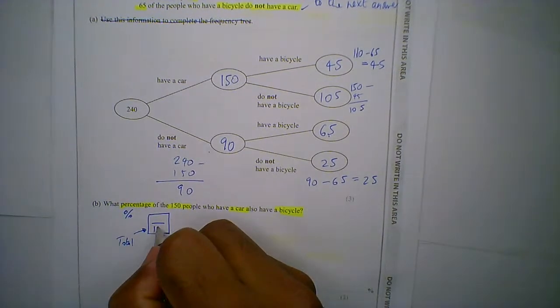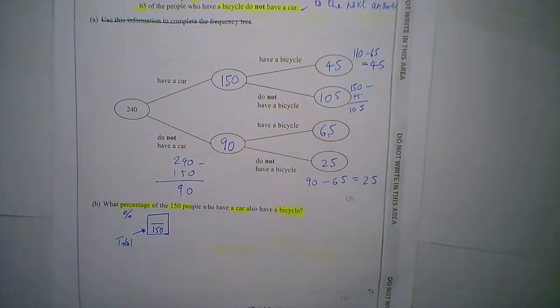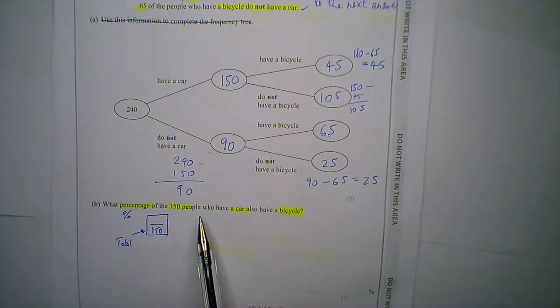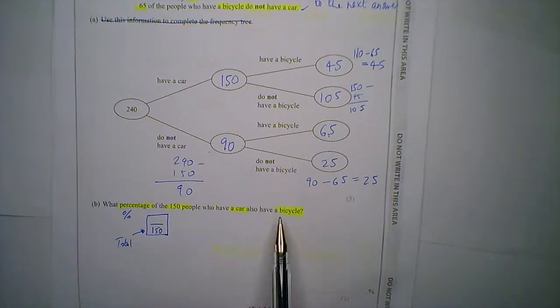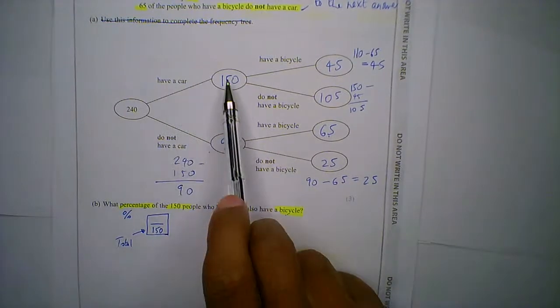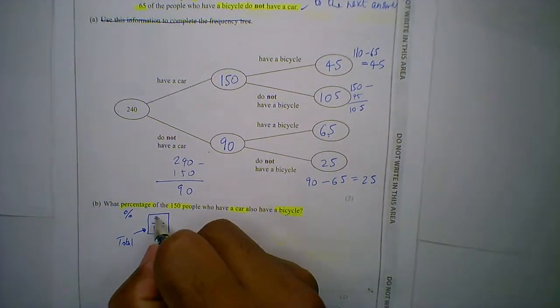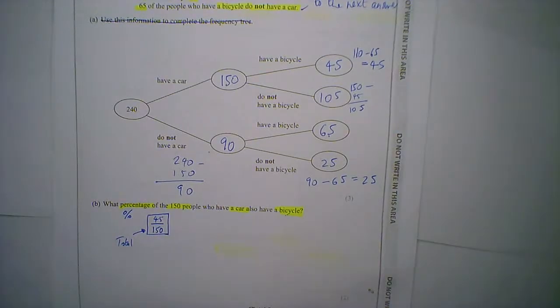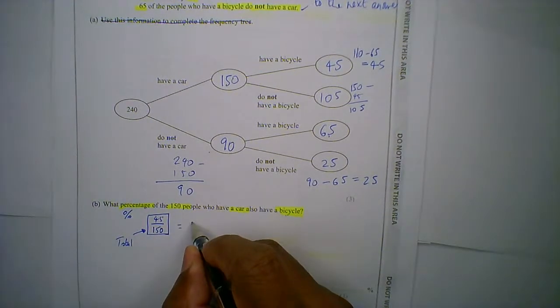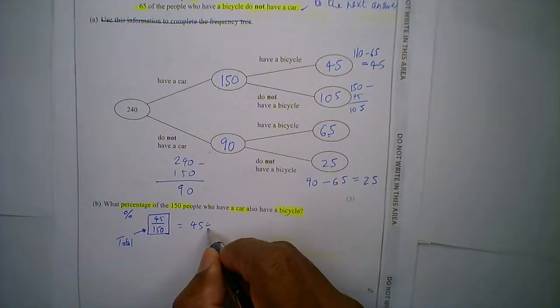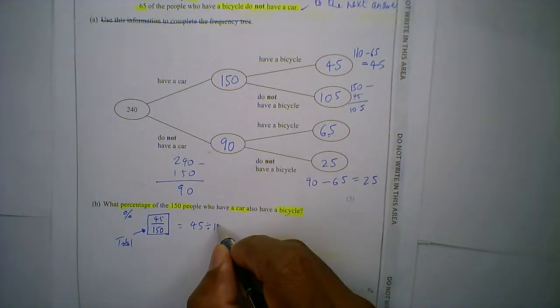And then the next thing I'm going to look at is 150 people who have a car also have a bicycle. So have a car is 150 and have a bicycle is 45. And so now I just put that into my calculator. 45 divided by 150.